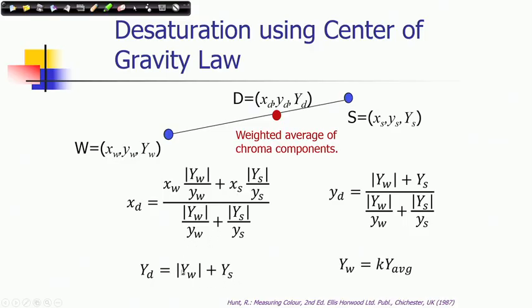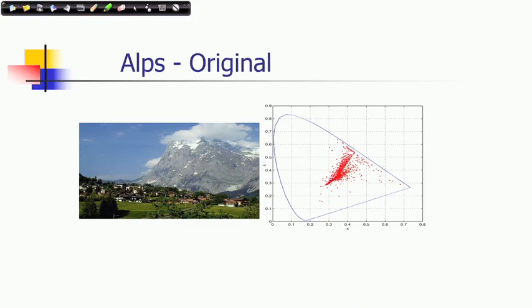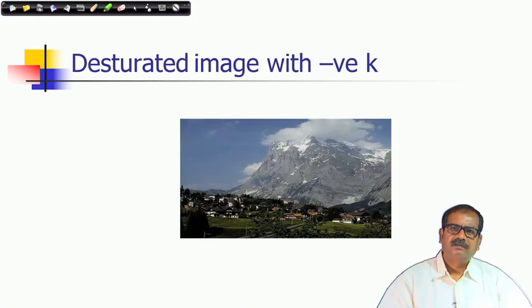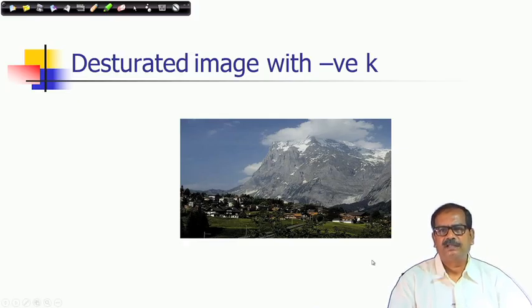If this component is negative, you are not taking the modulus, you are subtracting it in fact. So you have to modify that definition, you should not take the modulus, and then we get this kind of image, this is the effect.